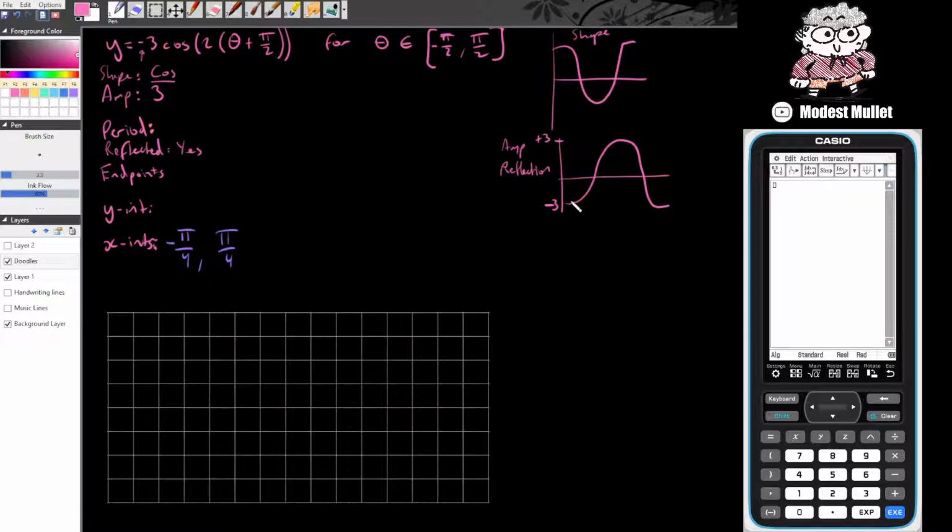And then the last thing we can bring into this is the period. Now the period isn't the 2, isn't this number here, because amplitude is 3. Yes, just putting in a different color to make it a little bit easier.